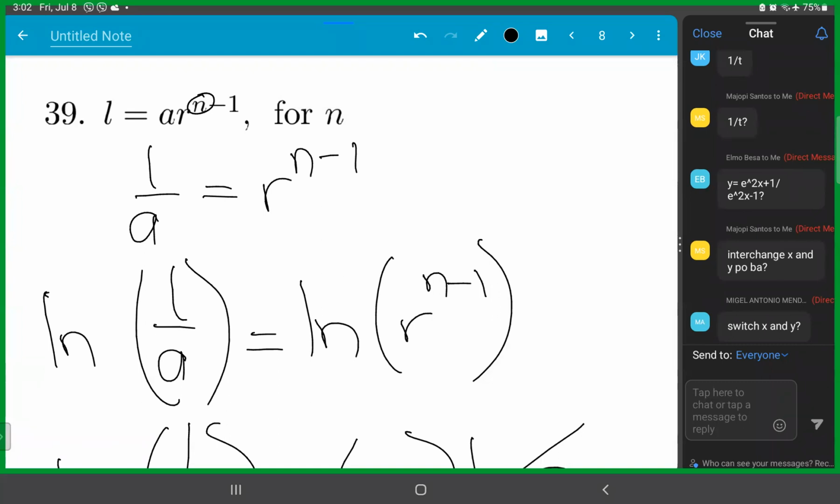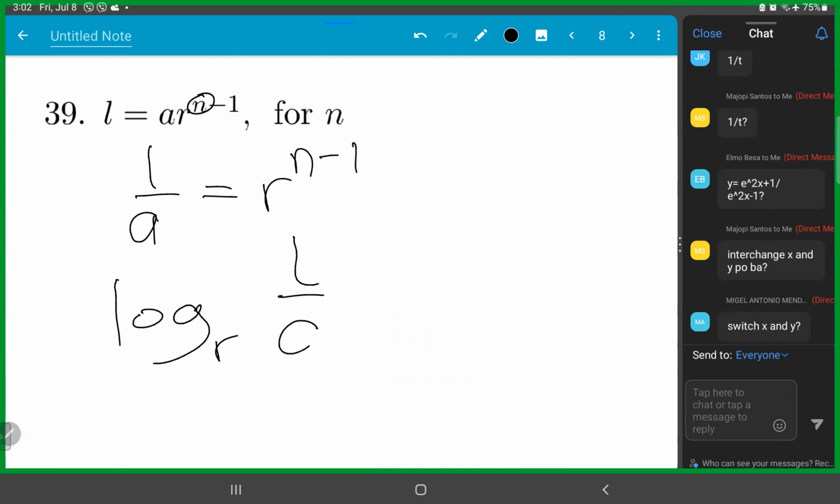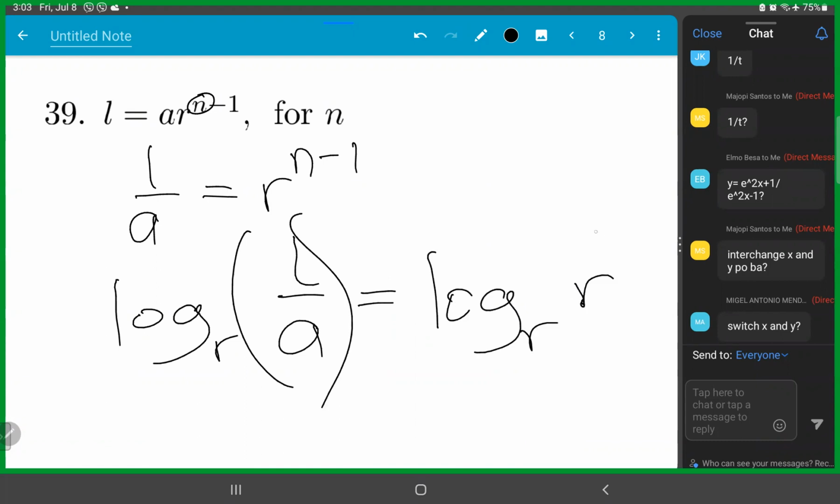Kunyari lang naman, pwedeng gawin dito, mag-base 3 kasi yung 3, whole number, no? So this can be solved using base 3 instead ng nag-ln tayo, pansinin niyo magbe-base 3 ako. At least nakukuha niyo yung pasikot-sikot na. Bababa din yung n-1.